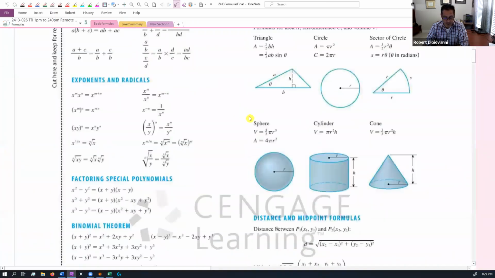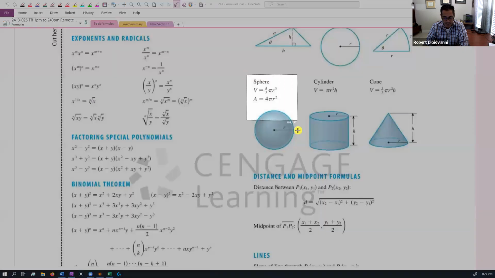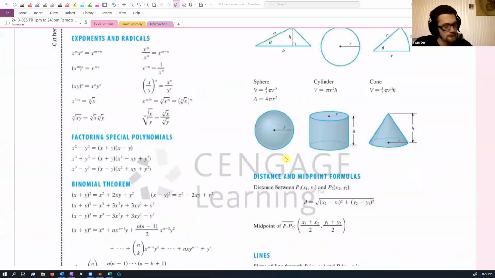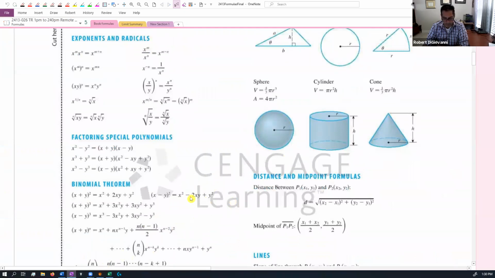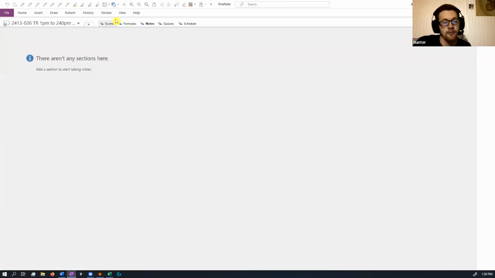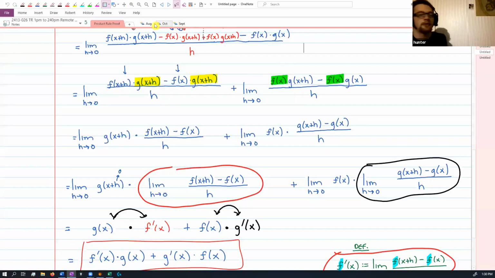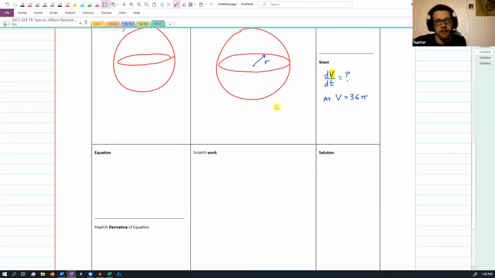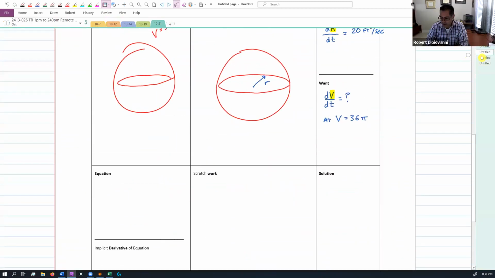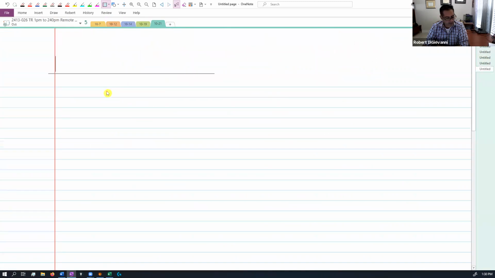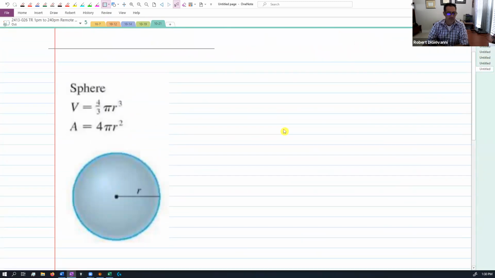The only thing we know about a sphere is this, right? That you'd have on your formula sheet. We can use those two formulas to relate. Let me go to a different page here. So here's all we have from our formula sheet.